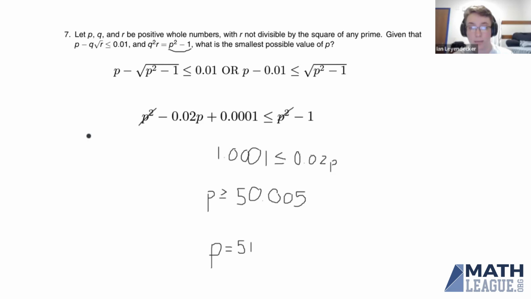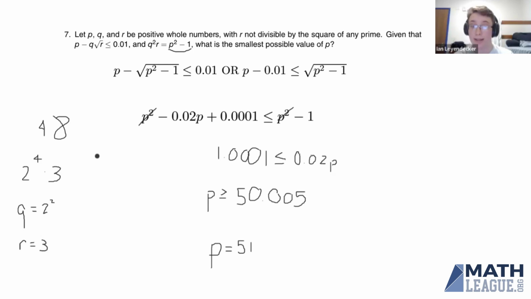For example, if we were to take the number 48, where the factorization is 2 to the power of 4 times 3, then Q would be equal to 2 squared, and R would be equal to 3.